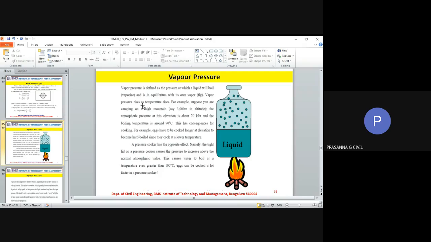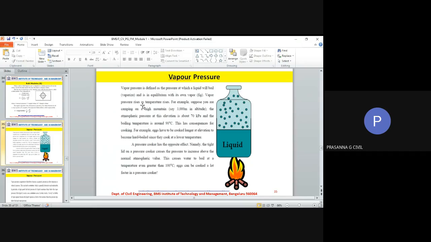So that means by altering pressure or temperature, we can influence the vapor pressure. Thus, a liquid may boil even at ordinary temperature. Otherwise we need to heat the water to 100 degrees Celsius, only then it will boil. But by reducing the pressure there, even at 20 degrees Celsius, I can make the liquid boil.